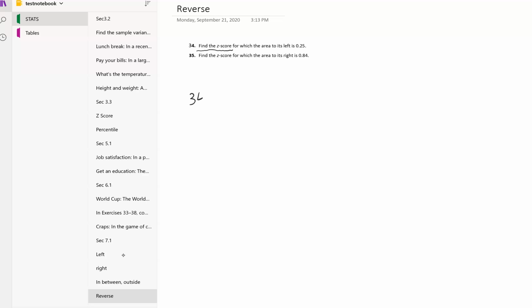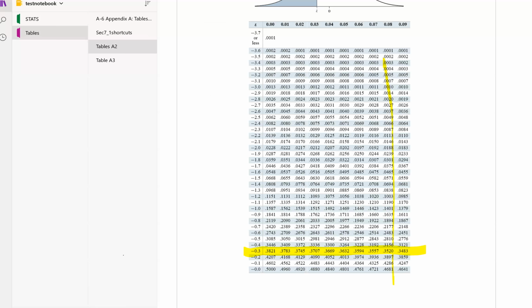So for question 34, since this is area, I'm going to just put 2 zeros on it so that I know I'm looking up the 4-digit number. So I need to go find 0.2500. So I just search for it.